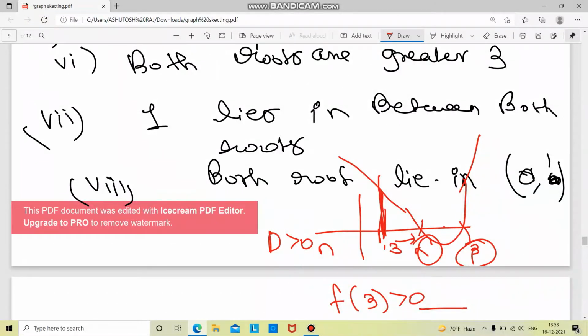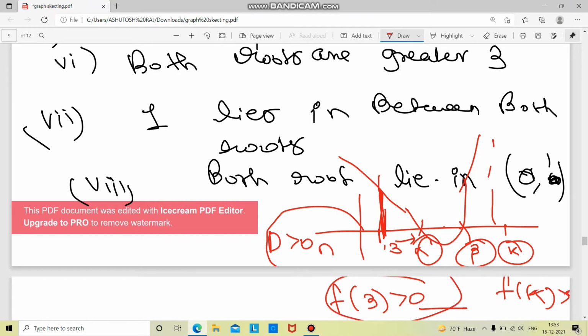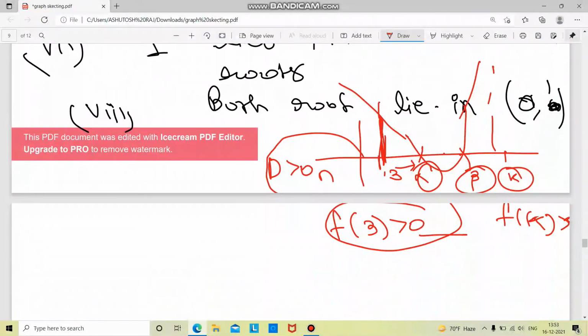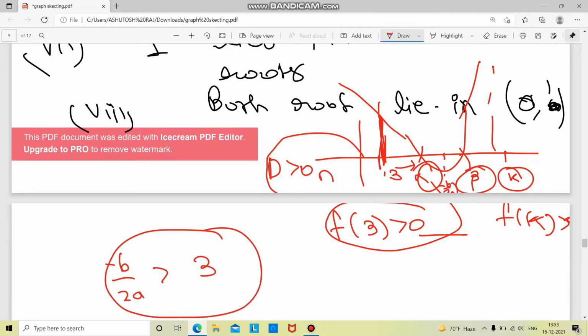And one more condition, because if we take any point k here, then f of k would also come greater than 0. So these two conditions are not sufficient. We have to take one more condition, which is minus b by 2a, the x coordinate of the lowest point. Minus b by 2a should be greater than 3. This is the third condition. These are the three conditions which you can apply.